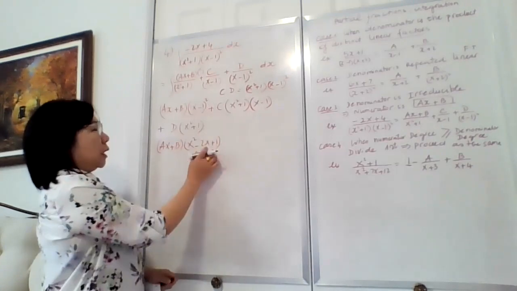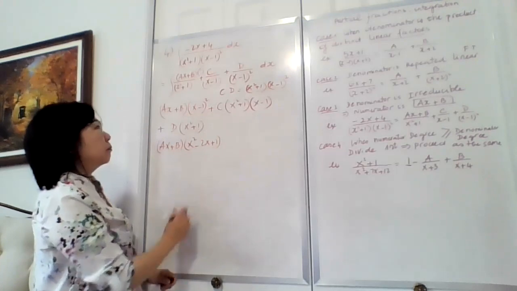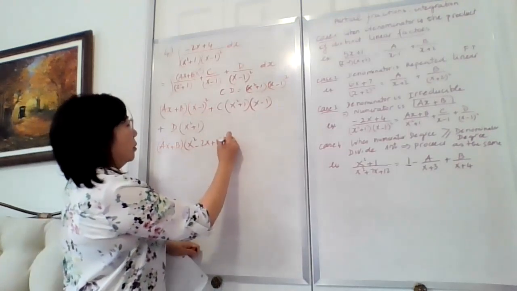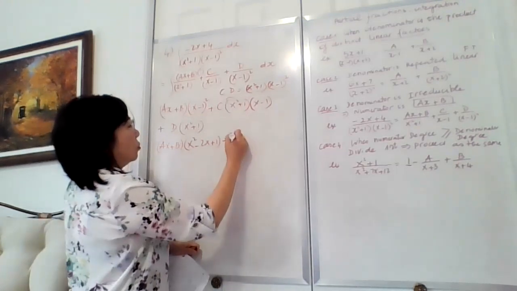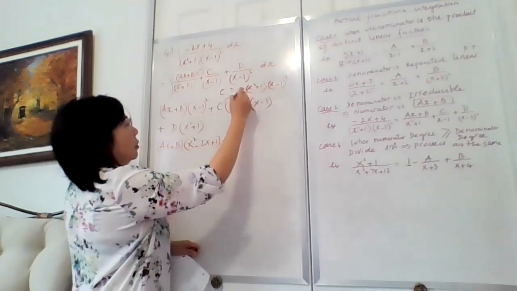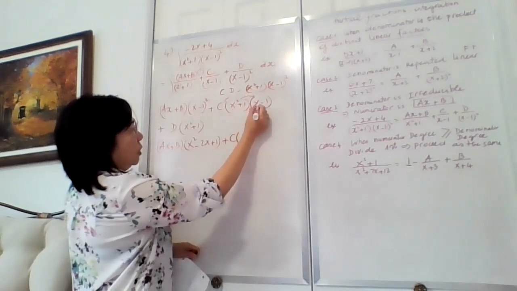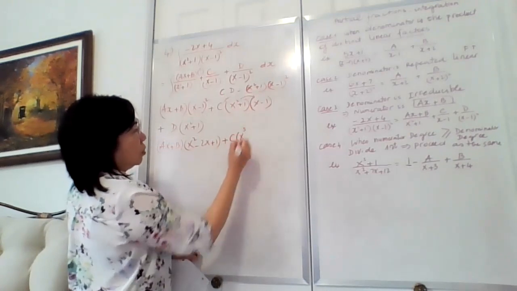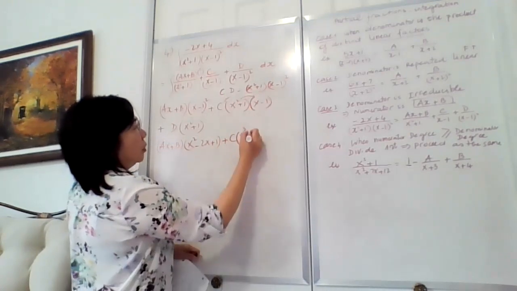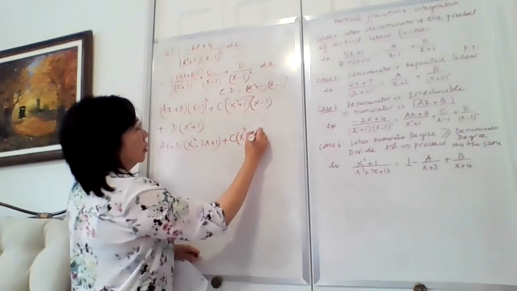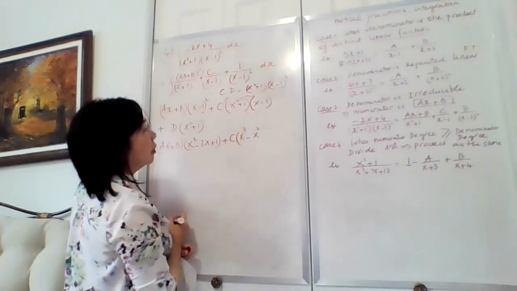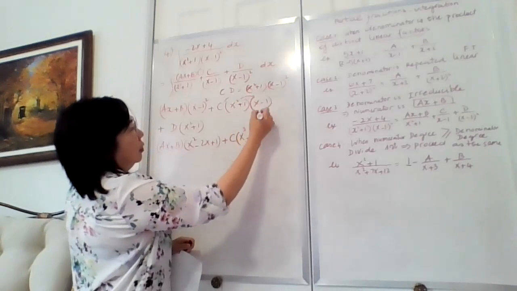You multiply with this bracket, this is what you get, right? Adding with, no, actually, this bracket has to time with this bracket, right? So C times x squared times x is x to the power 3. x squared times minus 1 is just minus x squared, right?